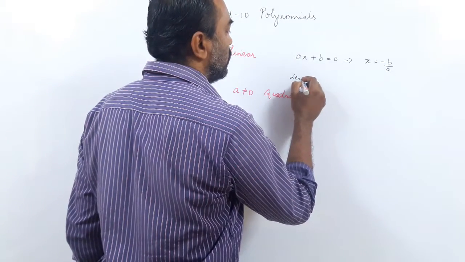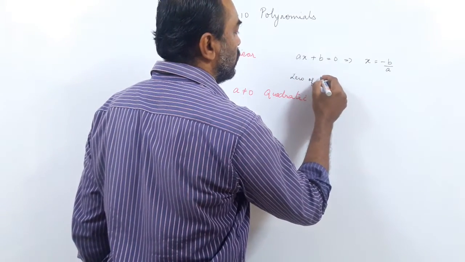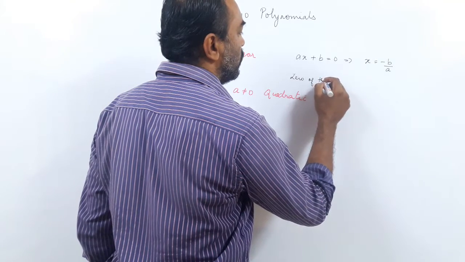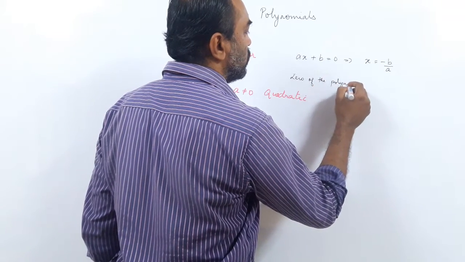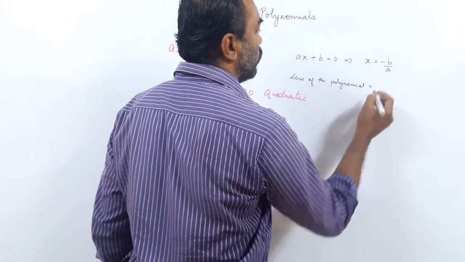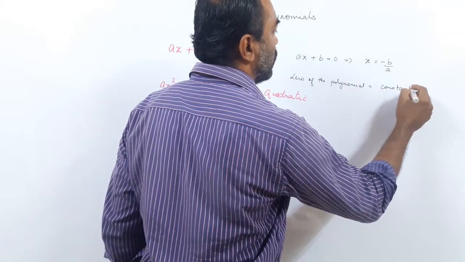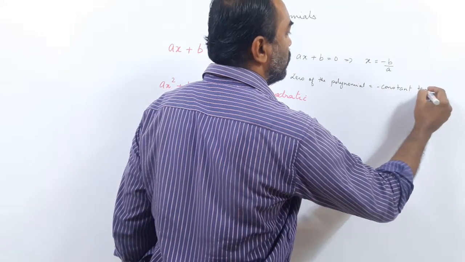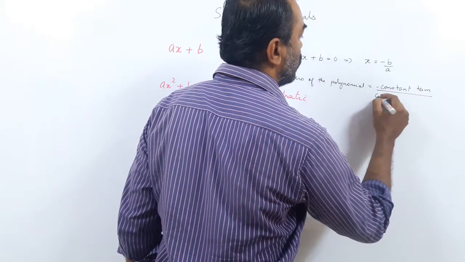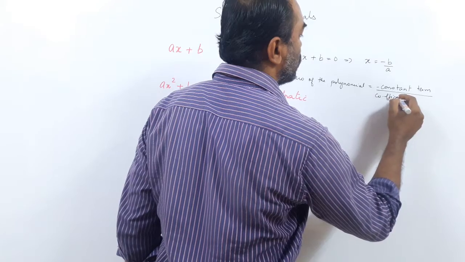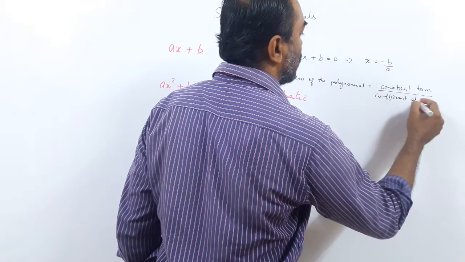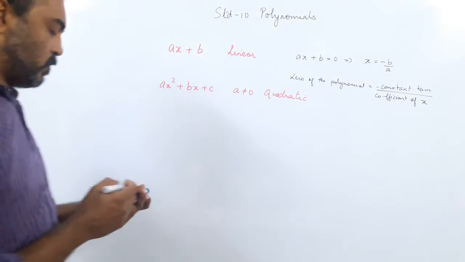Means the zero of the polynomial is the minus of the constant term upon the coefficient of x, right?